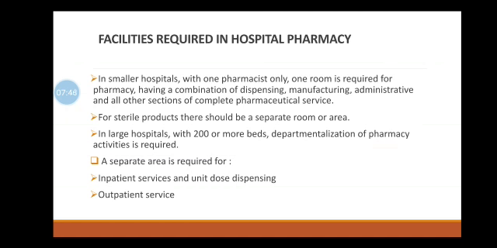For sterile products, there should be a separate room or area. In large hospitals, they are equipped with a water still, workbench, cabinets, tanks, burettes, etc. A separate area is required for inpatient services and unit dose dispensing and for the outpatients.